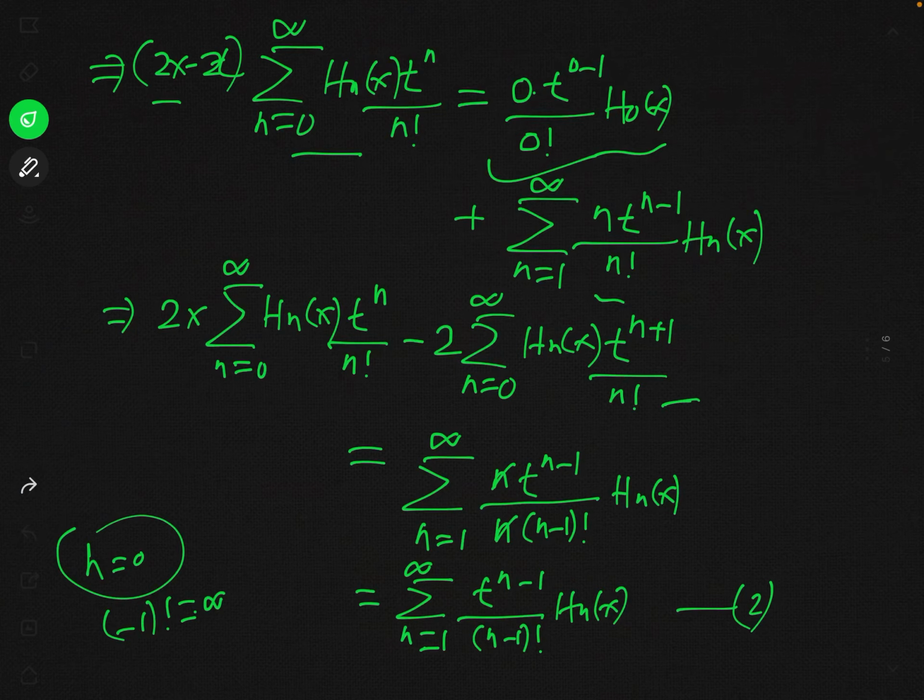And in RHS you can see when we take n equal to n plus 1, then there will be t raised to the power n, and then taking n equal to 0, we will have t raised to the power 0. So definitely in RHS we must replace n by n plus 1 to get the coefficient of t raised to the power 0.